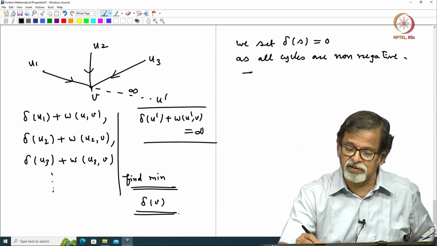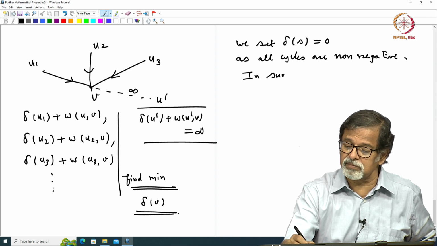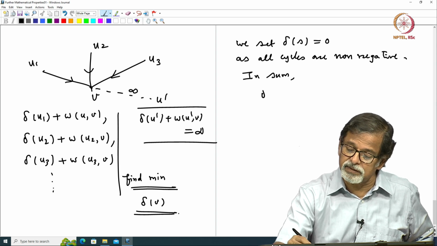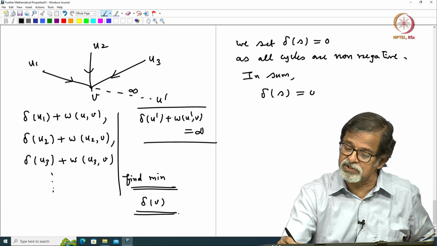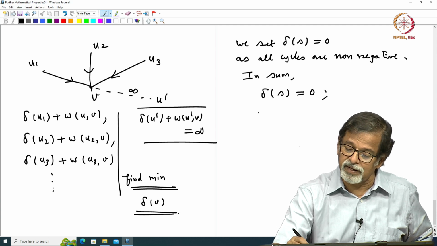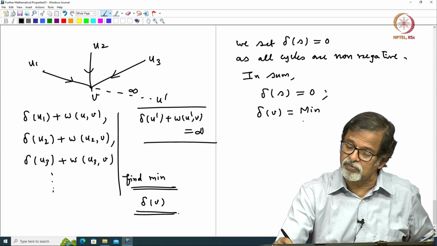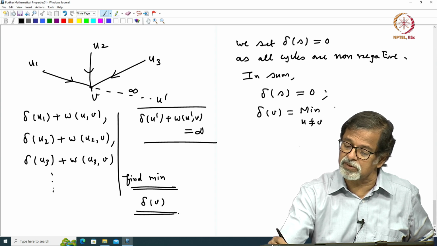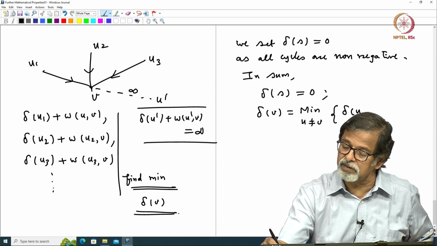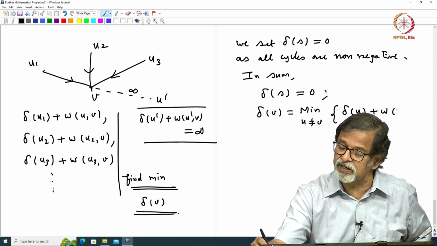Therefore, in sum, delta S equal to 0 and delta V equal to minimum over U not equal to V of delta U plus weight of UV.